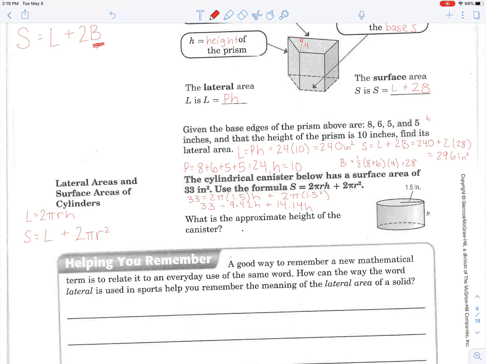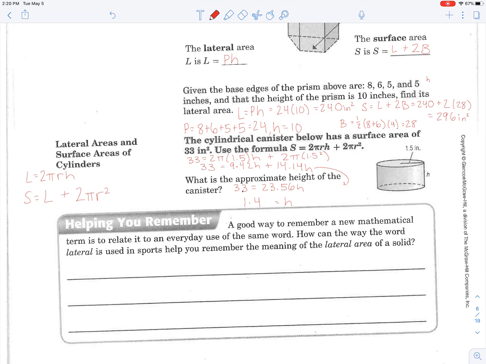Since I have the same variable, I add those two together, combine my like terms, and come down here. And divide both sides. To find that my height is about 1.4. So we're going to cross this bottom box out.